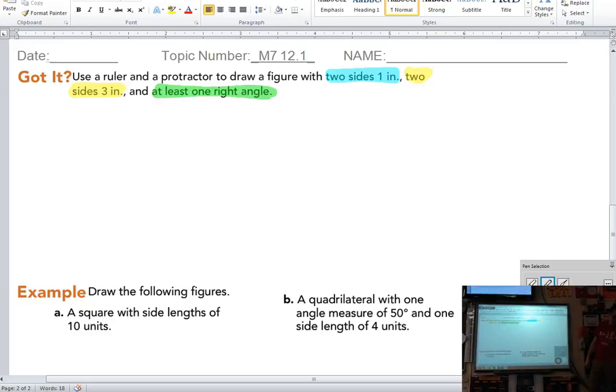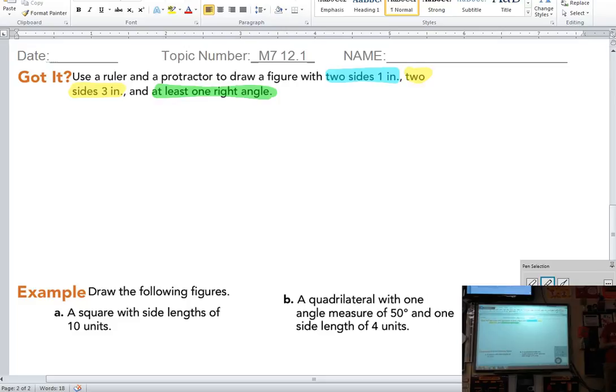Hayden, how should I start this? How are you going to draw a right angle if you don't have any sides? Do I know how to draw those yet? Like where to draw them?